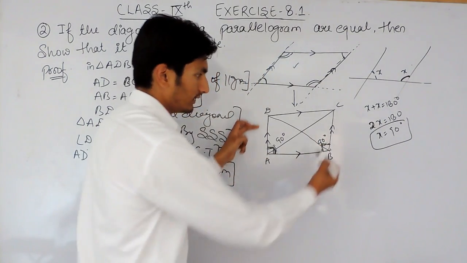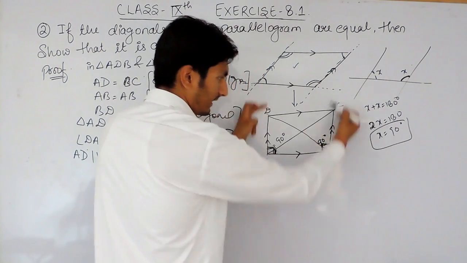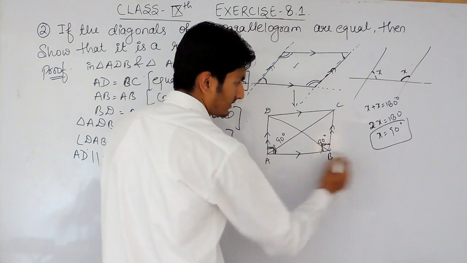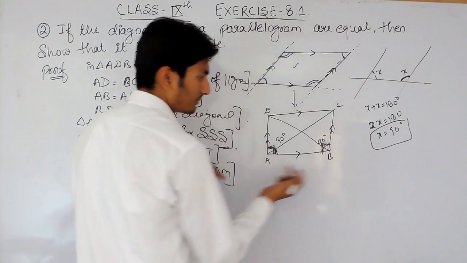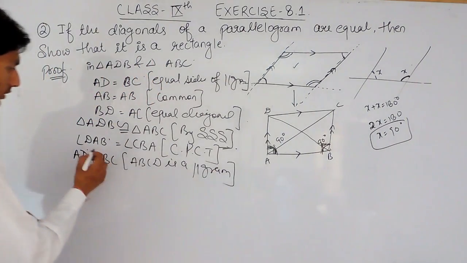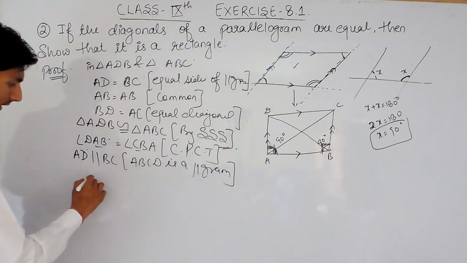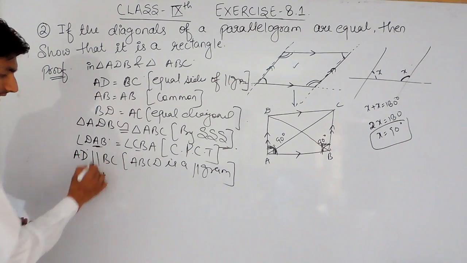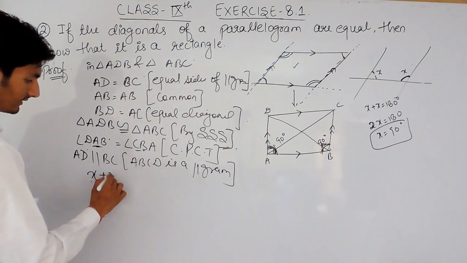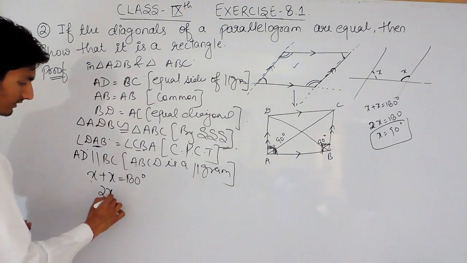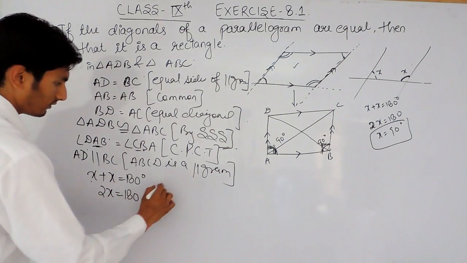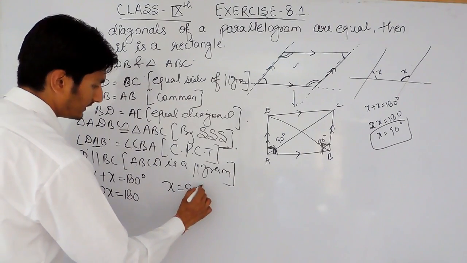So here also, these are two parallel lines, and this is acting as a transversal. So obviously the sum of this and this must be equal to 180, and because both angles are equal, if I consider this as x as well as this as x, this will be equal to 180. So 2x will be equal to 180. So the value of x will come out to be 90.